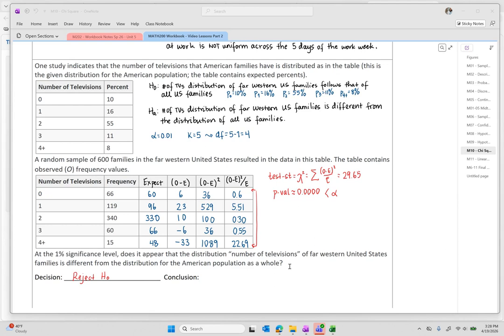Our conclusion is that at the 1% significance level, the sample data provide sufficient evidence to support the alternative hypothesis that the number of TVs distribution for far western US families is different from the distribution of all the American population.